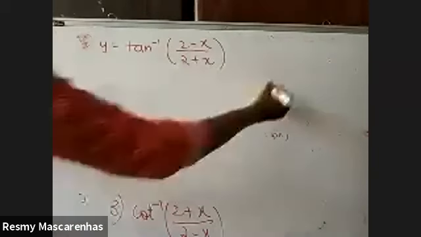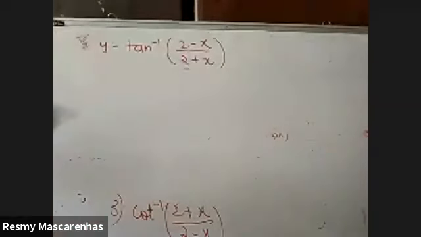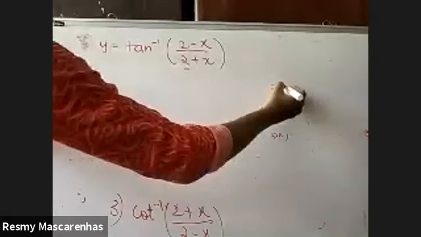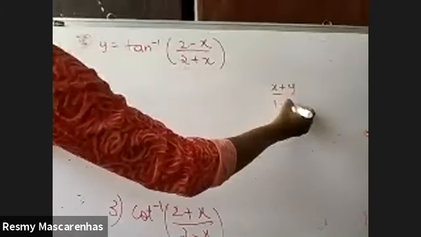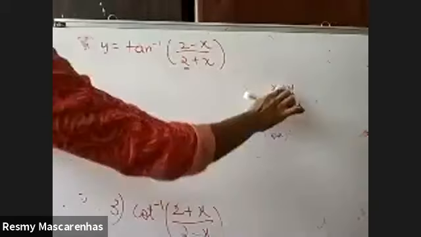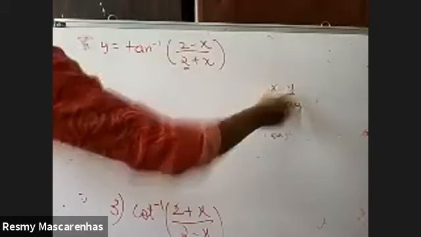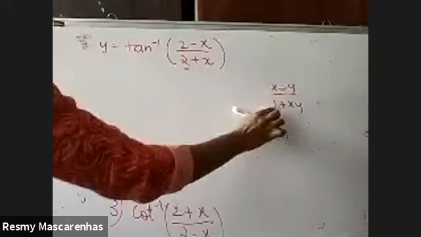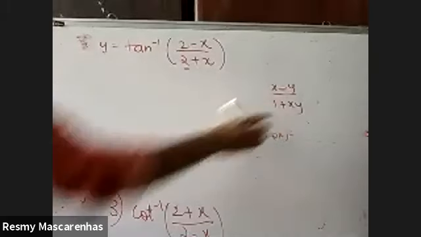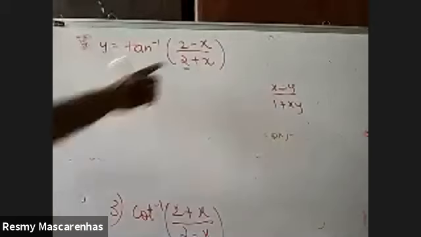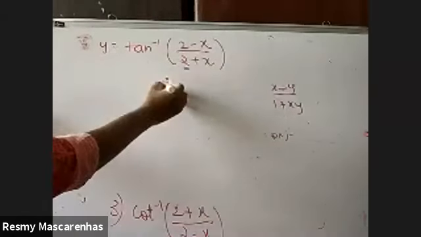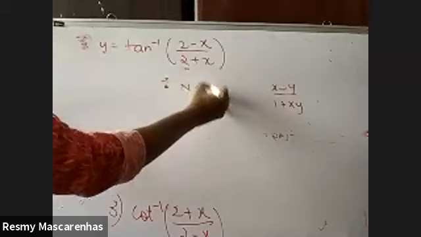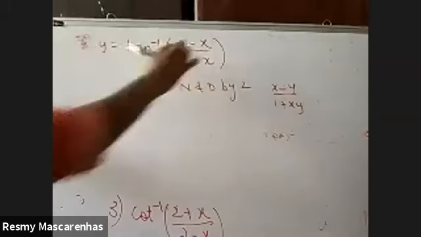It should have been what? Here there should always be 1. x plus y, or like this. If it is minus, then this will be plus. So always, if you want to apply the formula, you should notice that here it should be 1. Here it is not 1. So first try to make this 1. So divide numerator and denominator by 2.